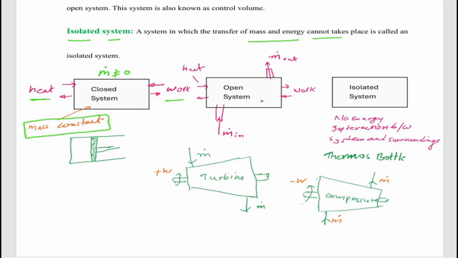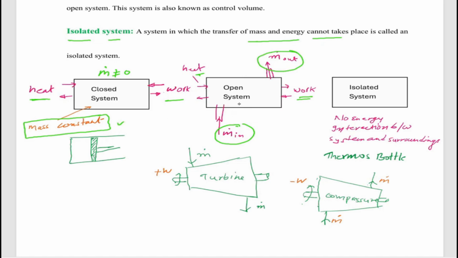In an open system, work and heat both may interact, and mass will also interact with the surrounding. Here mass is coming into the system, and here mass is going out from the system, right? So in the closed system mass is constant.